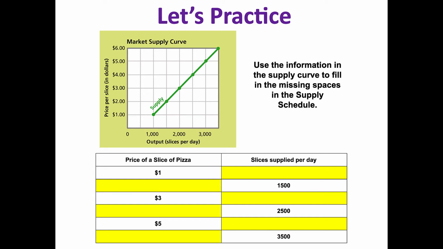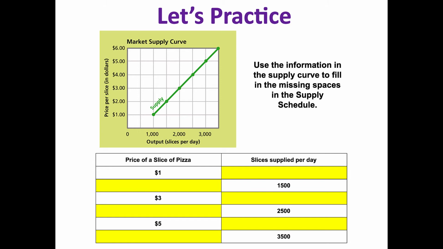All right, welcome back, everybody. So again, you took the information from the supply curve and you should have put it into the schedule. At a price of $1 a slice of pizza, how many slices per day are supplied? That is 1,000.